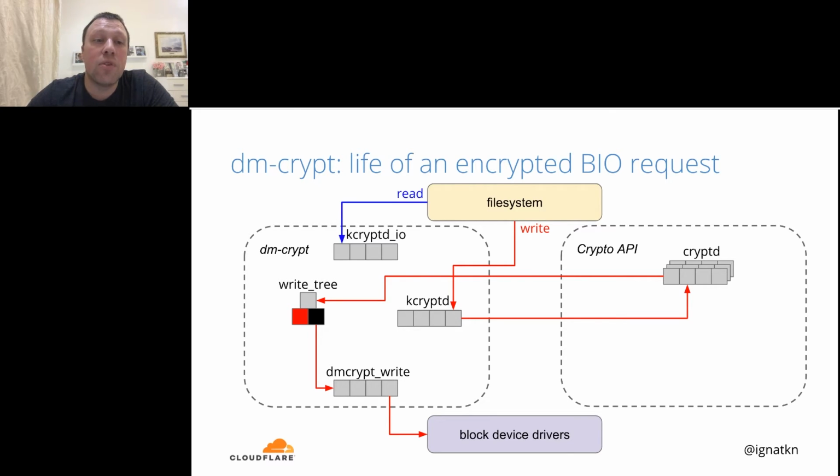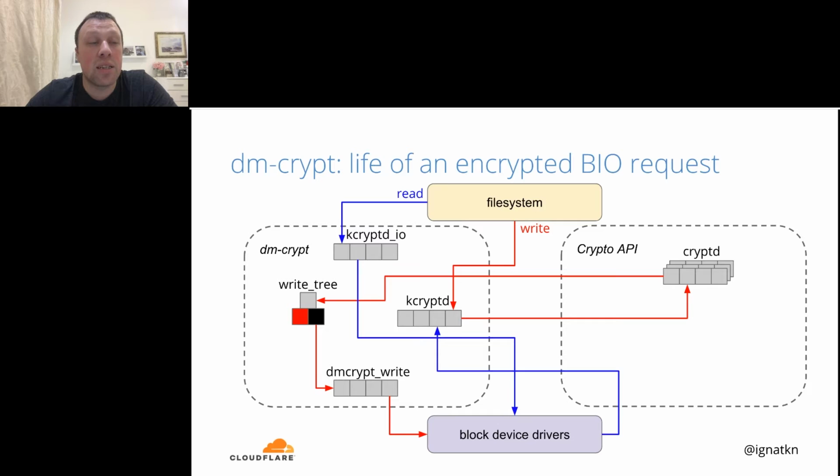Similar thing happens for read. When a file system issues a read request, it's queued by dm-crypt on another asynchronous thread called kcryptd.io. When the thread executes, that request is forwarded to the block device driver. So the block device driver goes to the hardware, retrieves the encrypted data, and returns it back to the dm-crypt instance.